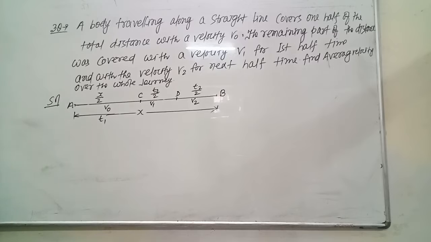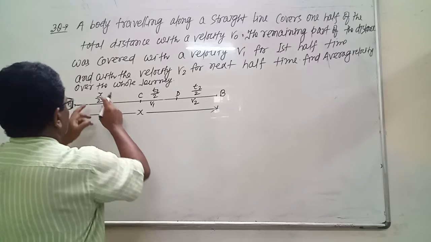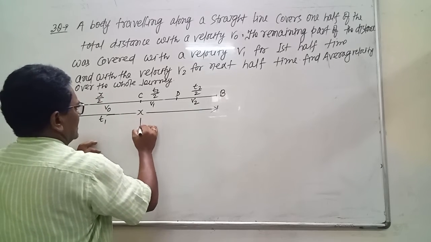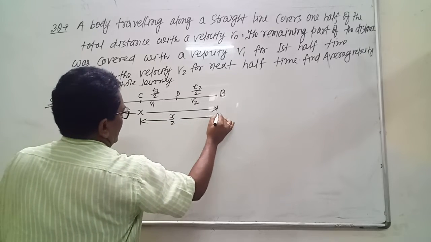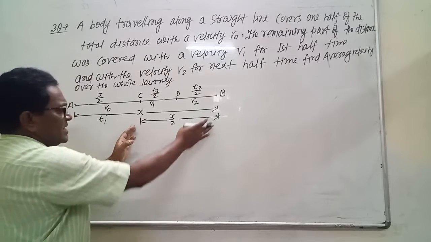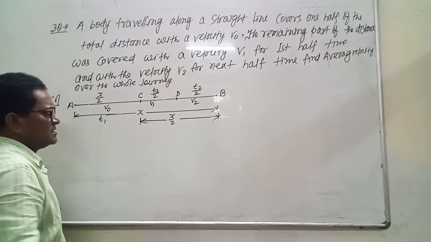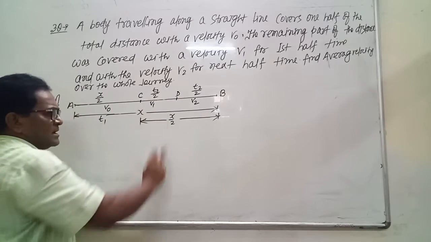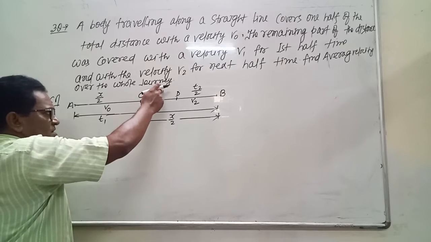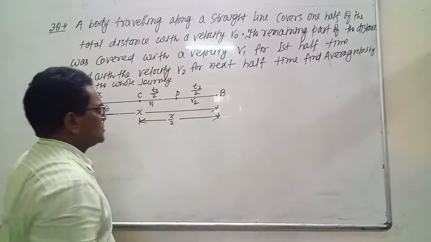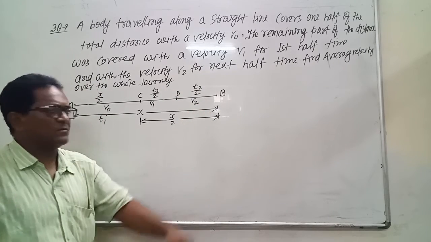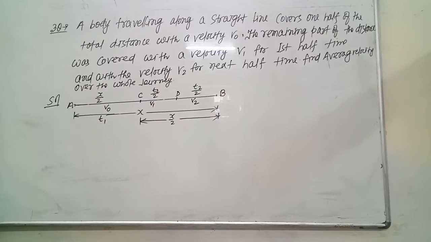This distance AC is x by 2, then the distance from C to B will also be x by 2. So the remaining x by 2 distance is covered in two time intervals. For the first t2 by 2, the speed was v1. For the next t2 by 2 time, the speed was v2.